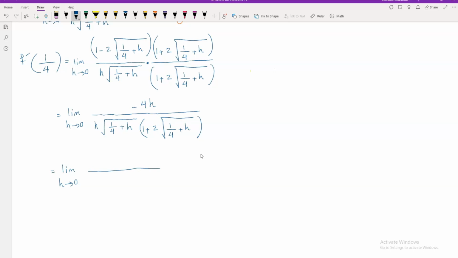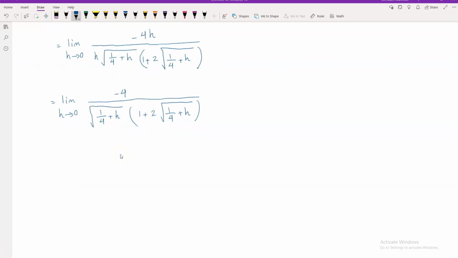So on top we have negative 4, divided by the square root of 1/4 plus h times 1 plus 2 times the square root of 1/4 plus h.